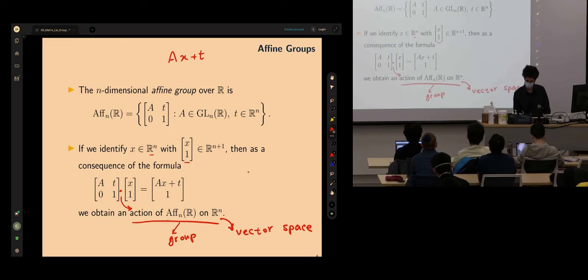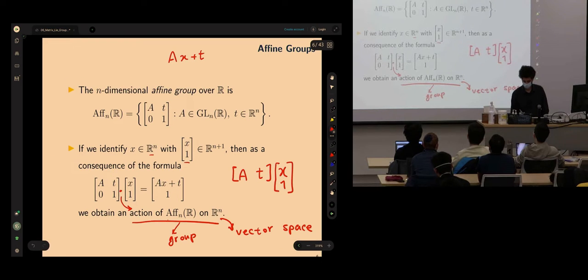Well, if you just had the first row, you had A and T. And then the thing you're multiplying it by is x, 1. Still multiplying by x, 1. Right. Let me write it like this.